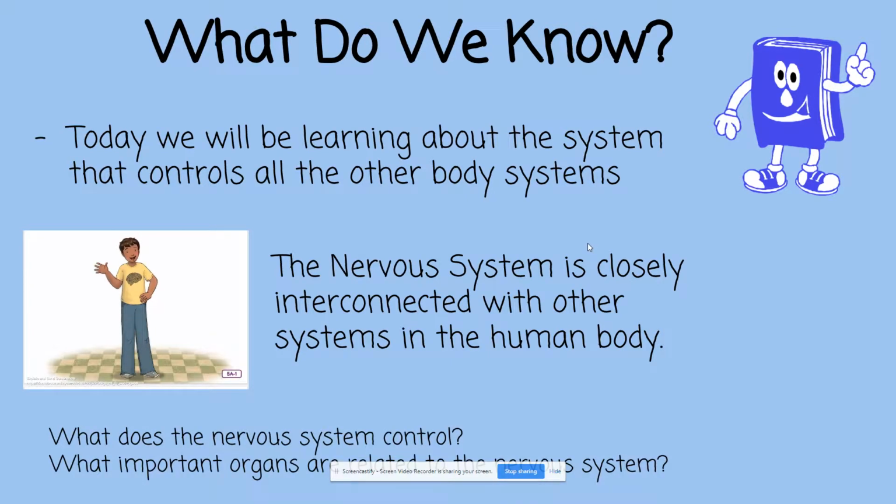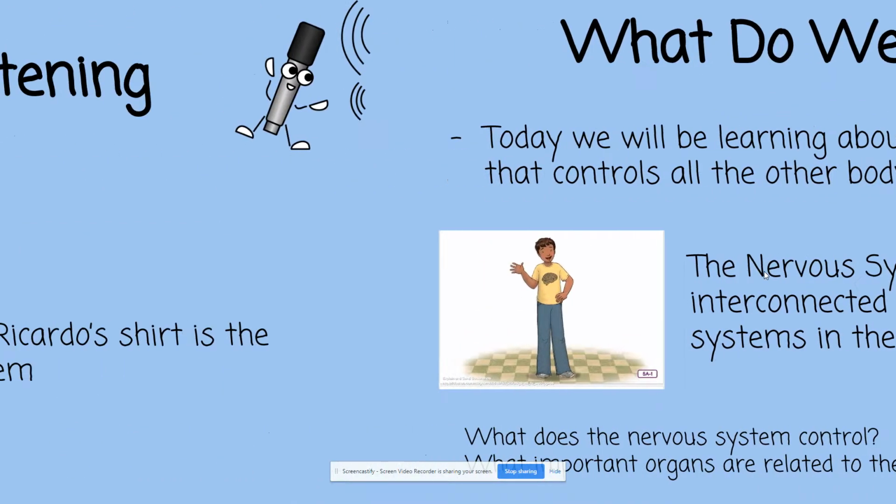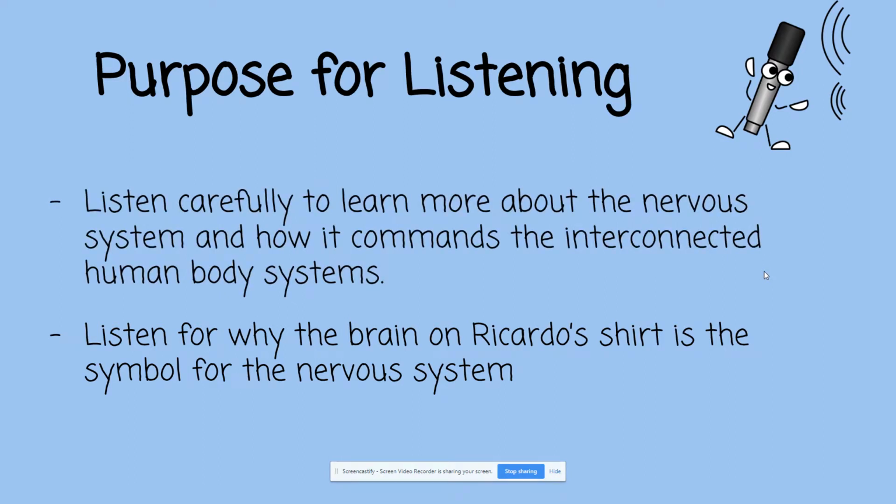So let's think about what the nervous system controls and what important organs are related to the nervous system. Your purpose for listening today is to learn more about the nervous system and how it commands the interconnected human body systems.